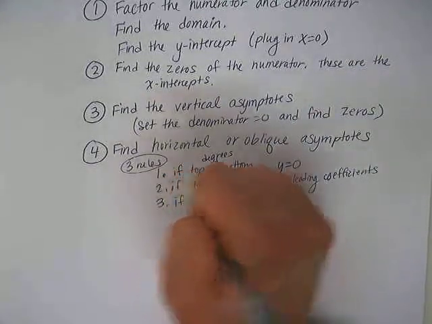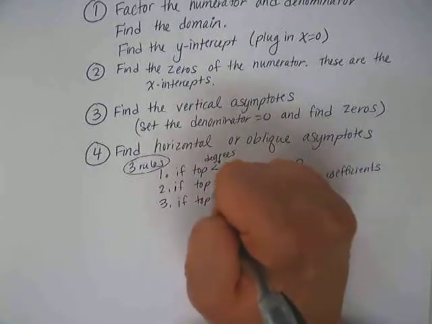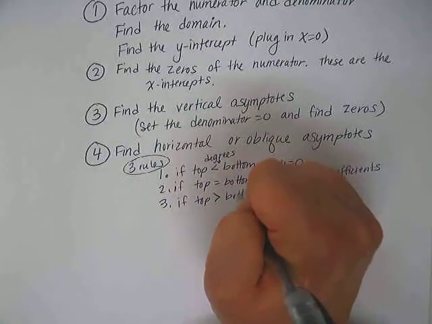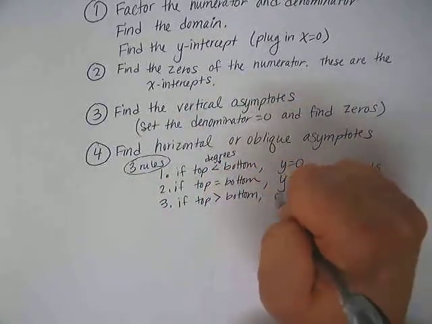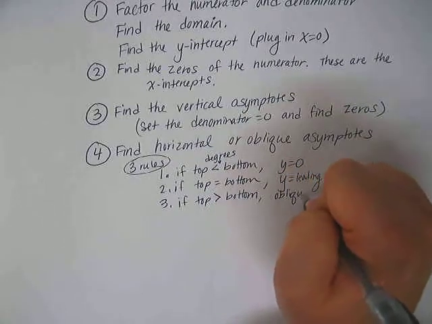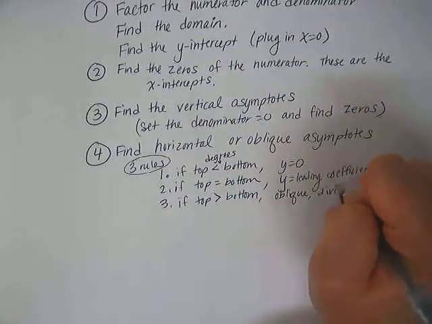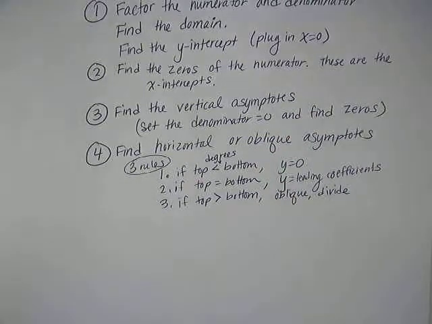You don't have to write it down again if you don't want to. I'm just quickly doing it so it's all in one place. And 3, if the top is greater than the bottom, then it's oblique, and you divide. Okay, so there's just a quick version of what we learned last time.